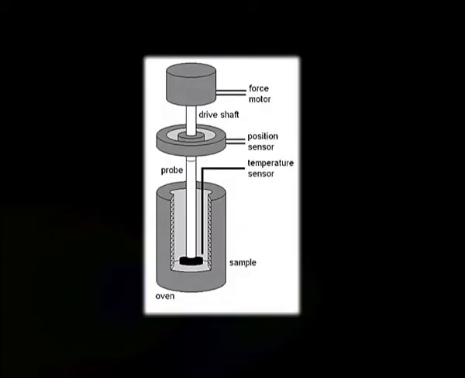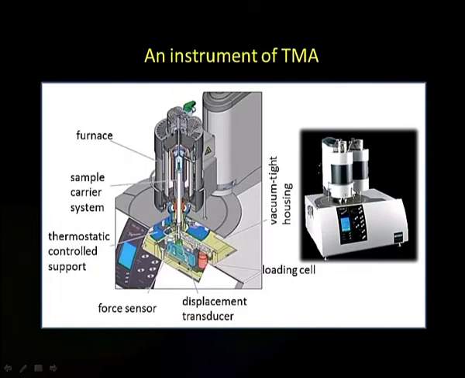Here we are simply considering the sample and this is the temperature sensor which we have seen. This is our probe, this is the position sensor, we can adjust the position, this is the drive shaft, and this is the force motor which is used for applying the force. This is a typical instrument used in TMA.